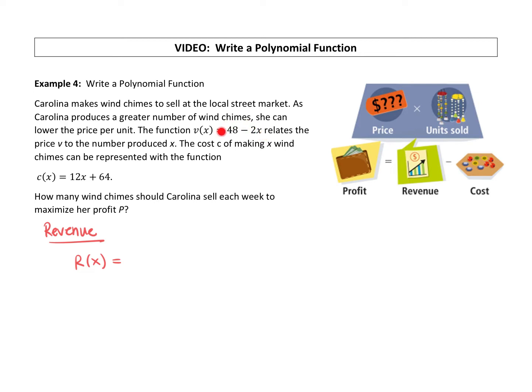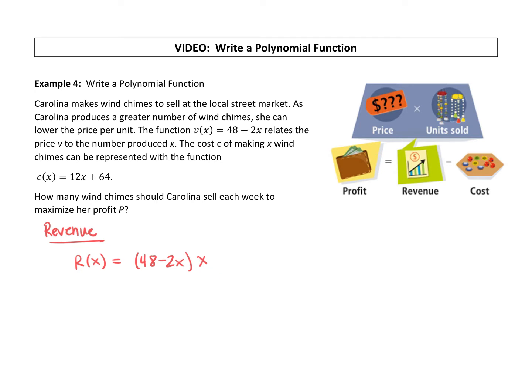Here's what she charges. Remember, v was the price, times the number of wind chimes that she's making. So her revenue is going to be equal to 48 minus 2x, that's the price she has, times x, the number of wind chimes she has. That's the revenue. Does that make sense? What she's charging people times the number of wind chimes that she's making will be her revenue.